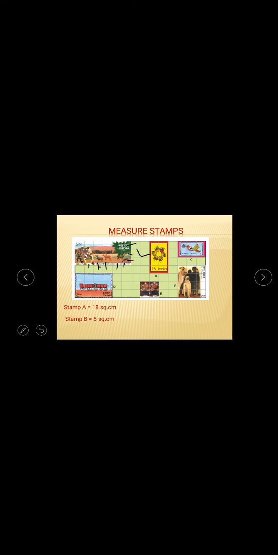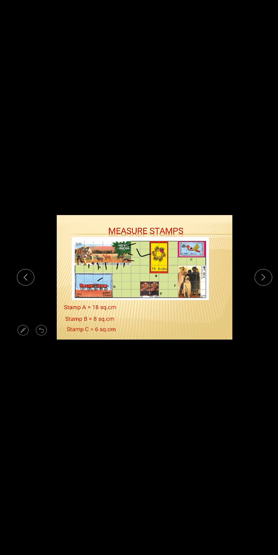Now stamp C. In stamp C there are 6 square boxes, so the area of stamp C is equal to 6 square centimeter. Now stamp D. You can count 1, 2, 3, 4, 5, 6, 7, 8, 9, 10, 11 and 12. There are 12 square boxes in stamp D, so the area of stamp D is equal to 12 square centimeter.